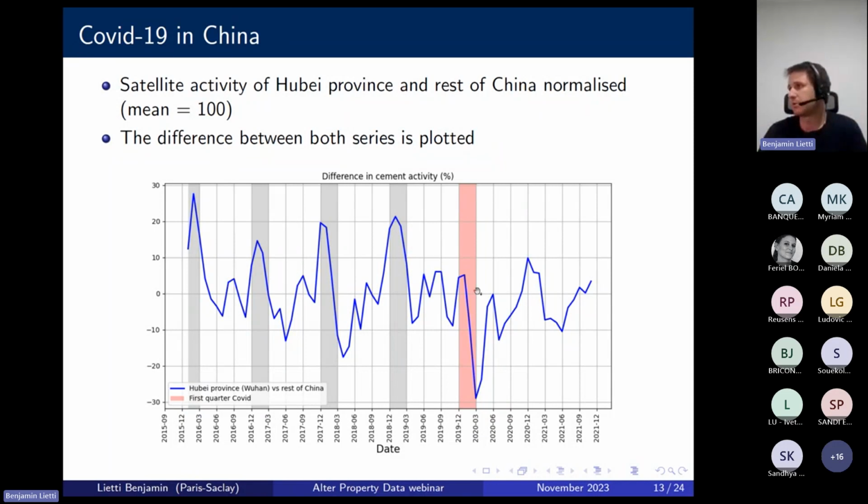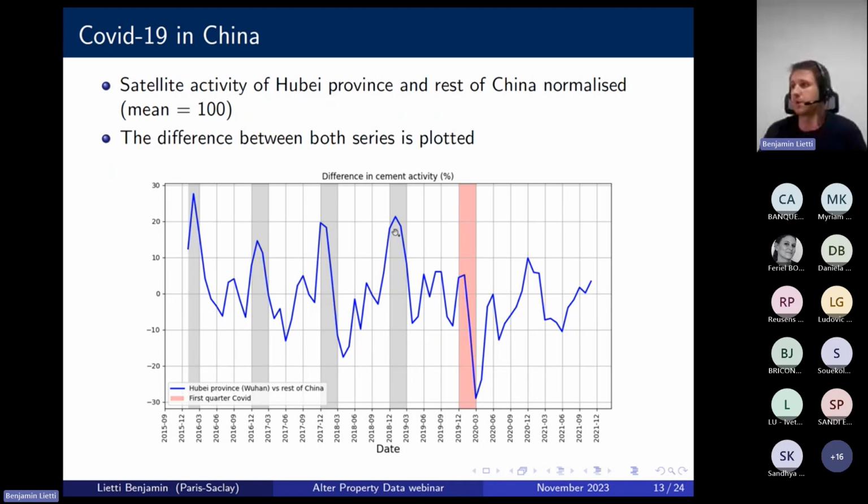So the red area here corresponds to the first quarter of COVID, so starting in December up to the 1st of March. And the gray area corresponds to the exact same period of the year, but for the previous year. And what you can see is that usually during this period, the activity of the cement plants in the Hubei province is much higher than the average activity of other regions of China.